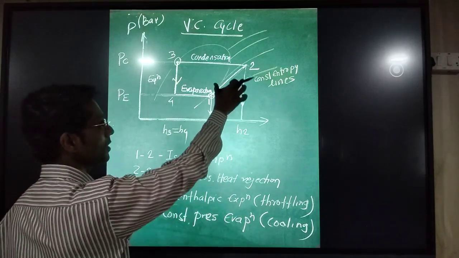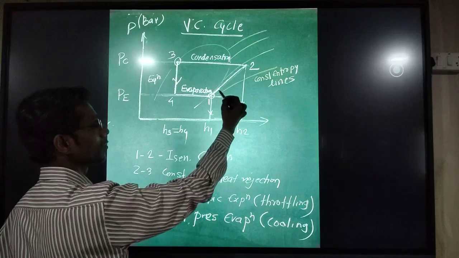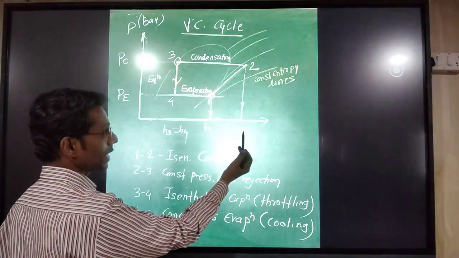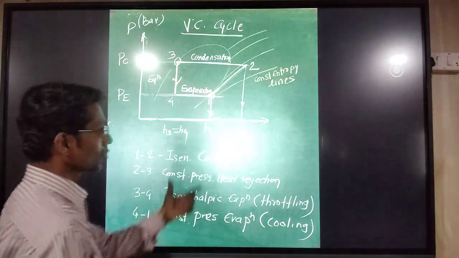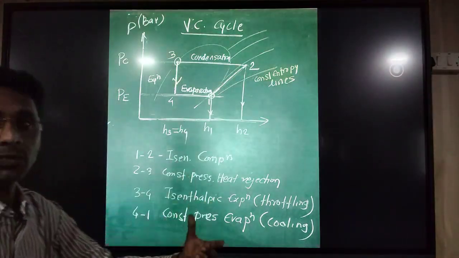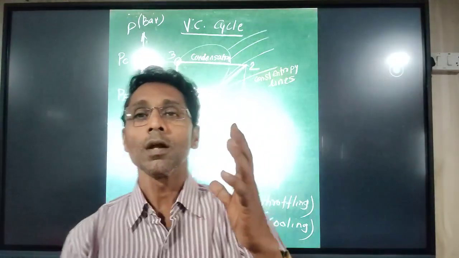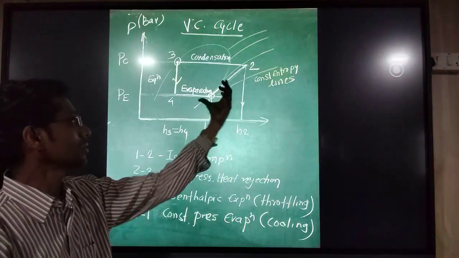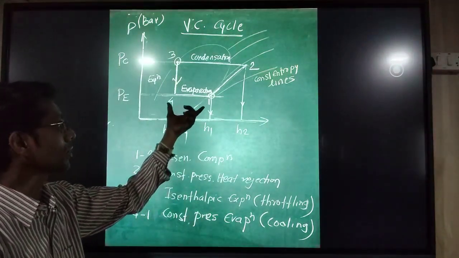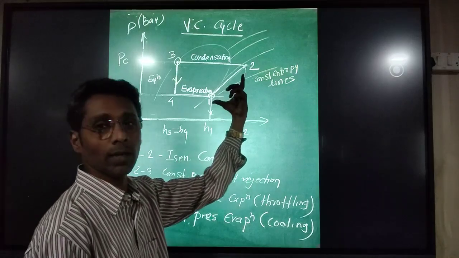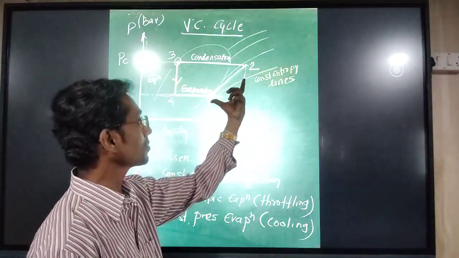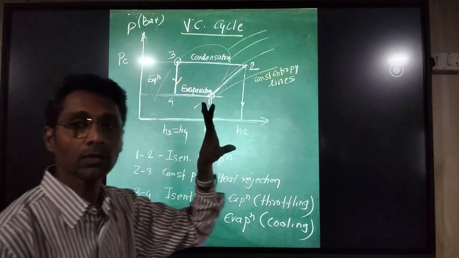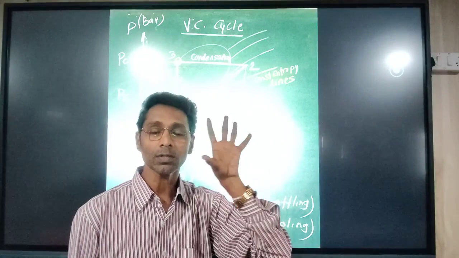The input to the system is the work consumed by the compressor in process 1 to 2, so H2 minus H1 is the work. The COP, coefficient of performance of the system, is the index of performance, the ratio of the refrigerant effect, H1 minus H4, divided by the work, H2 minus H1. Output divided by input. This is the concept of the coefficient of performance of the vapor compression system for single stage.